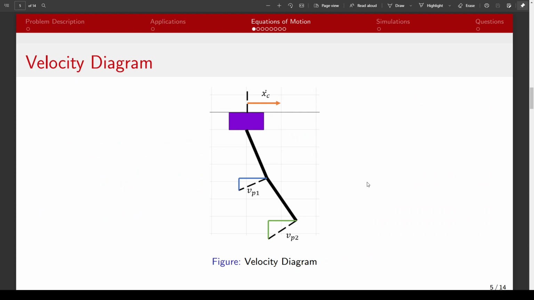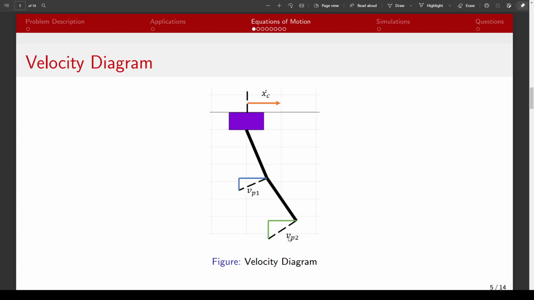So let's get into the equations of motion now. And we're going to start off by looking at this velocity diagram. Up here you can see the horizontal velocity of the cart is given by x dot sub c. And the velocity of the first pendulum here is shown relative to the cart, and it's broken into its x and y components so that we can add those later.